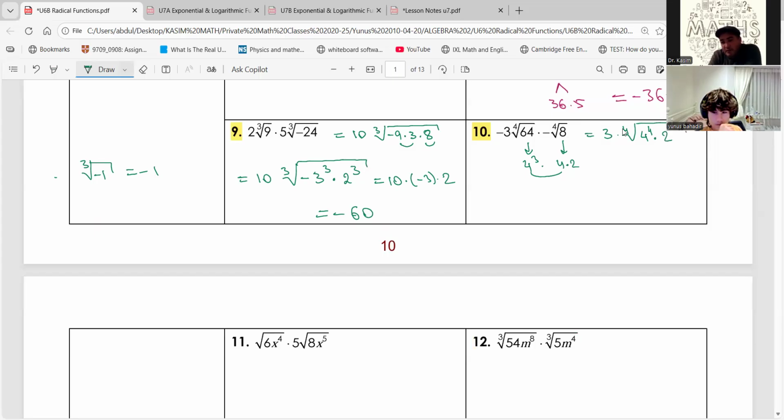So I can rewrite it as negative 3 times negative 1, which is just 3 times fourth root of, from 64, I have 4 cubed, and from 8, I have 4 times 2. You see, the index 4 and the power 4 cancel each other. So 4 comes out. I have here 3 times 4 times fourth root of 2. And now I can simplify that. That's equal to 12 times fourth root of 2. That's the answer. We have simplified.